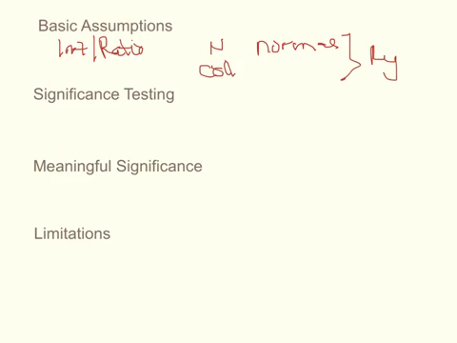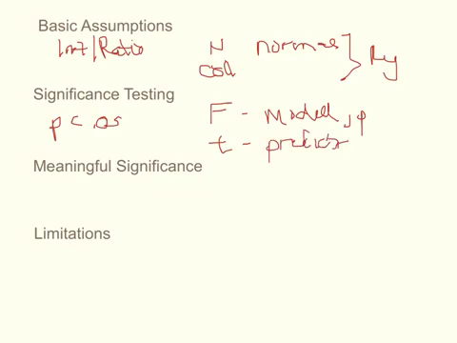In terms of significance testing in correlation, we have just one test. Is the p-value for r less than 0.05? In regression, we have a couple of different tests. First, we use an f-test to test the model, and we get a p-value there. And then we do t-tests to test the predictors, and we get another p-value there.